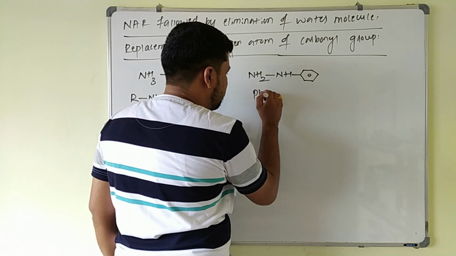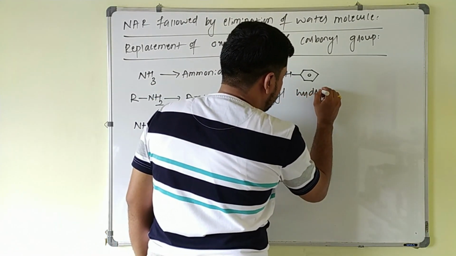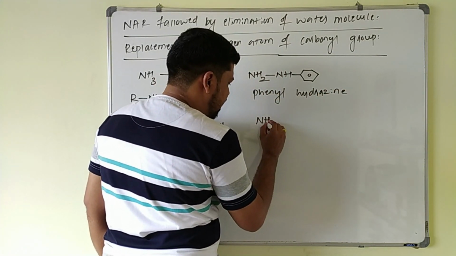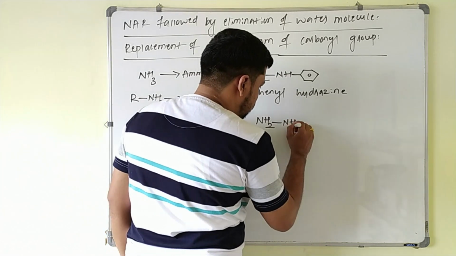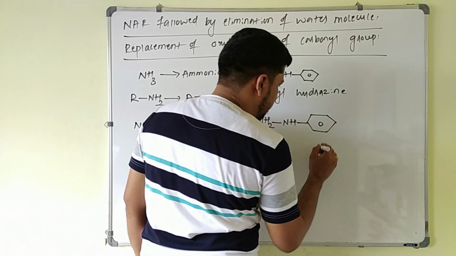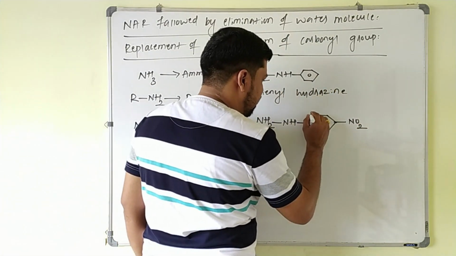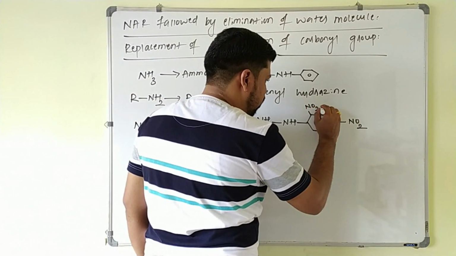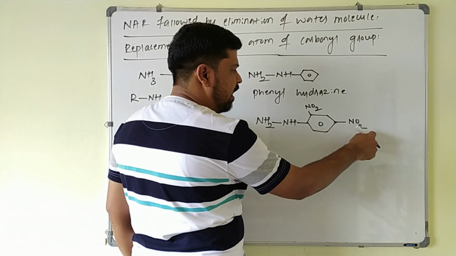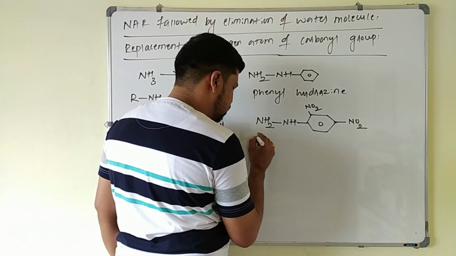I'll write here, this is phenyl hydrazine. Now if I take this phenyl hydrazine, again I will attach 2 NO2 groups here. Here I will attach one NO2 group, and here also one NO2 group. This is the second position, fourth position, 2,4-dinitro phenyl hydrazine.